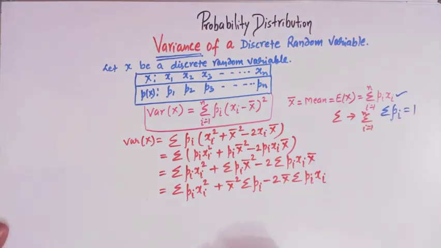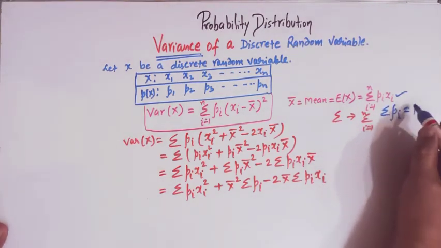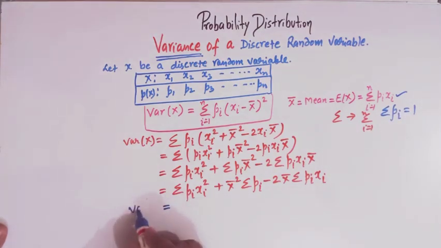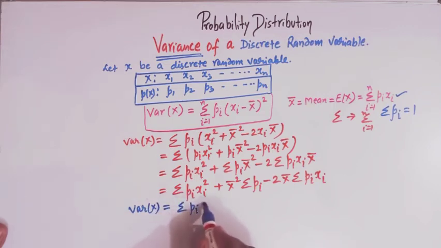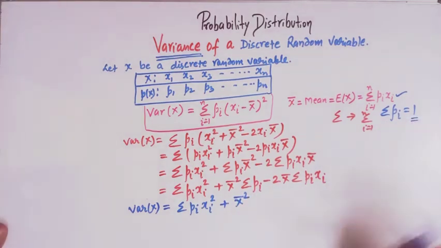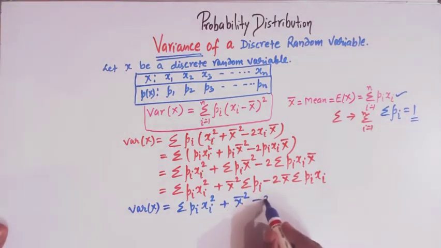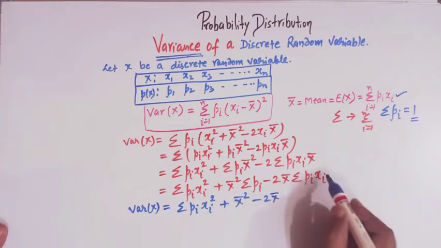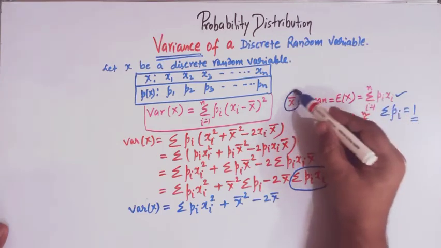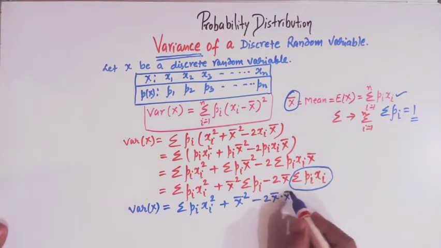Now we can make use of this result, and we also know that sigma of pi is equal to 1, because the sum of all probabilities should be equal to 1. So variance of x can be written as sigma pi xi square plus x bar square, because sigma of pi is equal to 1, minus 2 x bar, and for this term sigma pi xi we can write x bar.